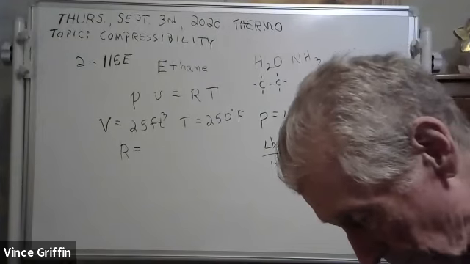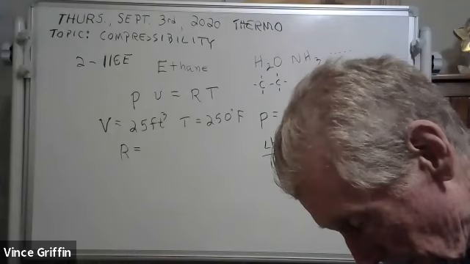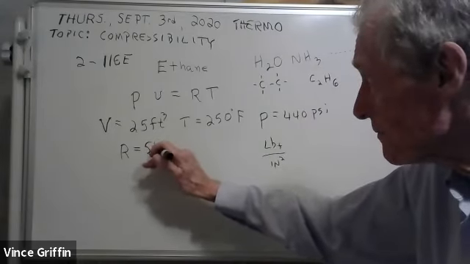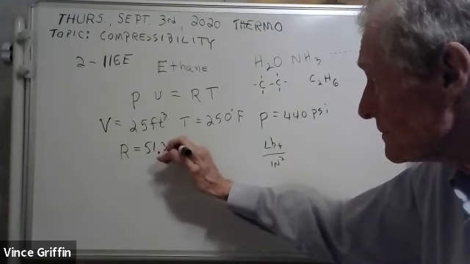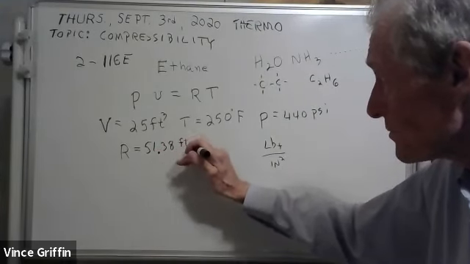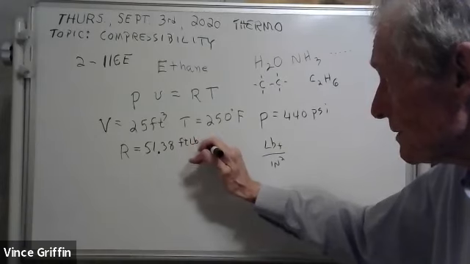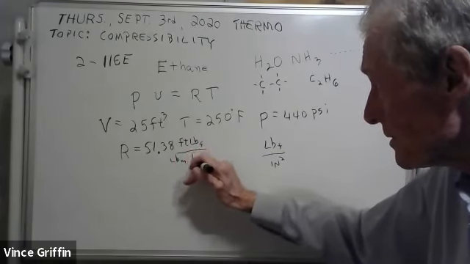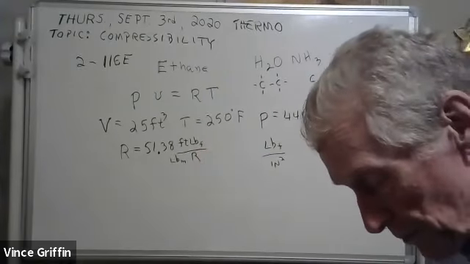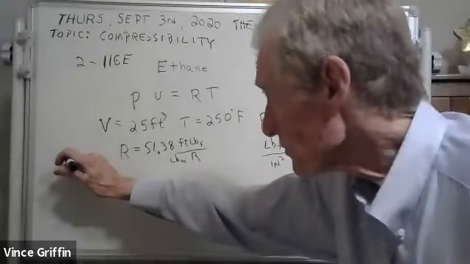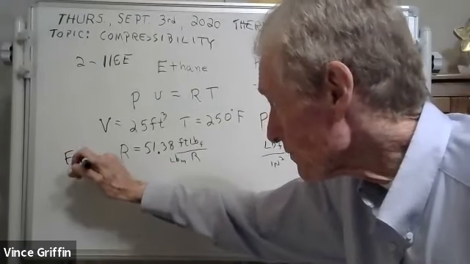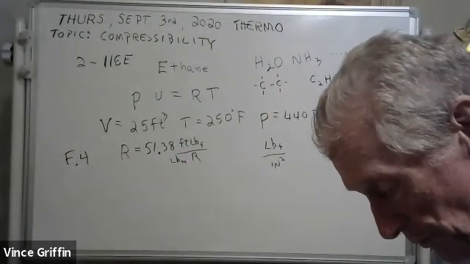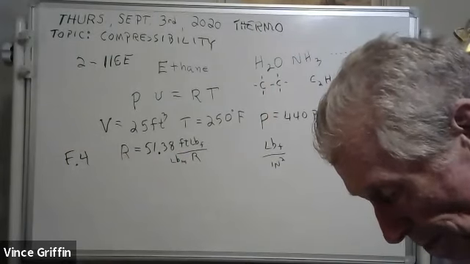There it is. No, it's 51.38 foot-pounds force per pound mass Rankine. I'm on table F.4. On table F.4, I looked up the gas constant for ethane. There it is. Okay.